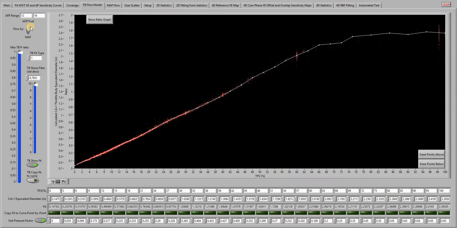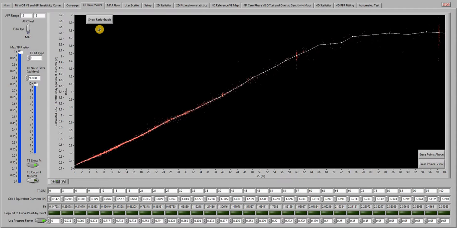And if you're using the AFR times fuel as your airflow reference, then you can specify a range between which you consider it valid. You'd want to throw out the really rich and really lean points where the O2 sensor may not be reading well, or where it may be in a transient for that matter. Most of this data is fairly steady state, so there are minimal transients here.